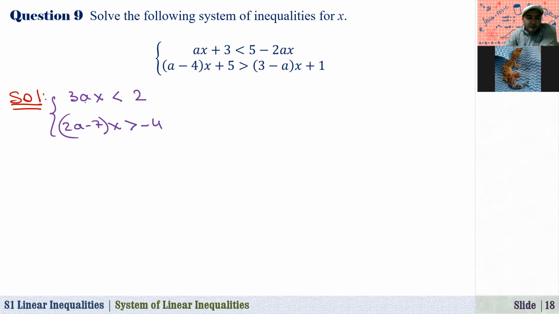Let me just write one more time. I want to just write it in the simplest form. The first inequality, if you divide both sides by 3, so here we have ax less than 2 over 3. The second one, 2a minus 7 times x greater than negative 4.